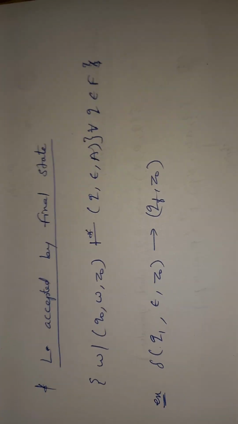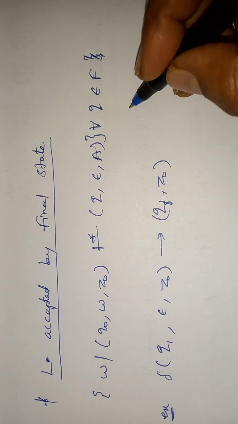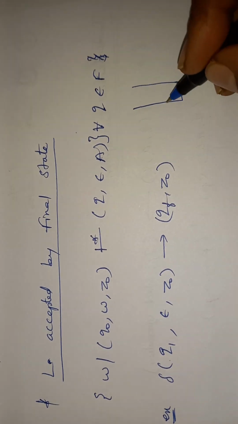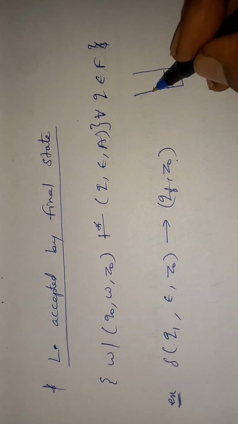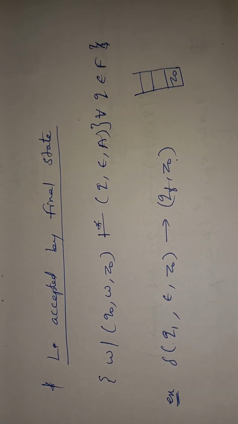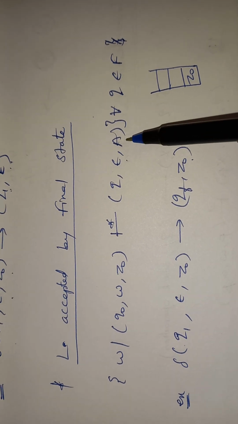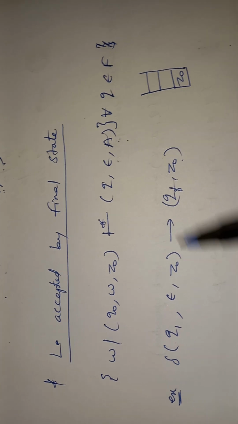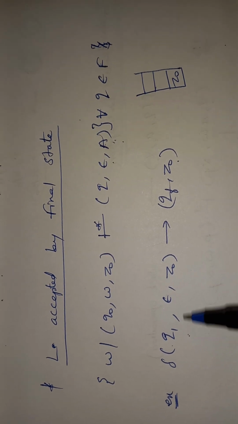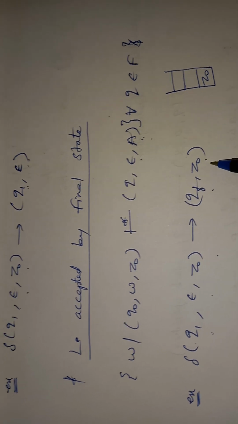Now when it comes to the final state, the stack top will be holding the Z0 here in the transition function, whereas it has reached the final state. So the string is completed, same condition, but here we will have a stack symbol, the top symbol, so Z0 is the default one. The example is Q1 null Z0, where it reaches the final state with Z0 on the top.